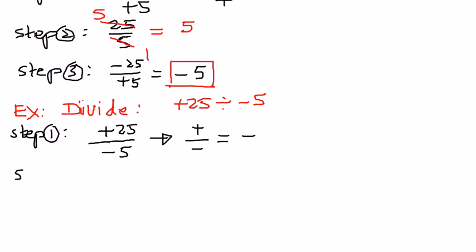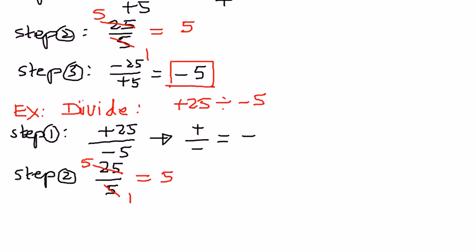And then step number 2, we're going to come back and say we have 25 divided by 5. 25 is a multiple of 5, as we have seen in the previous examples. 5 times 1 is 5. 5 times 5 is 25. Therefore, we are left with 5.